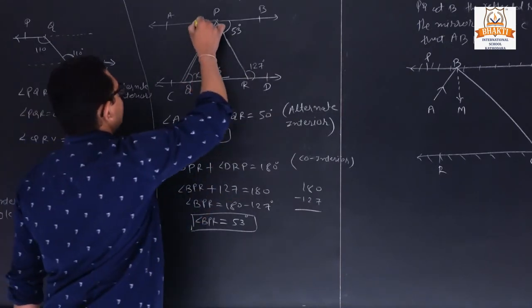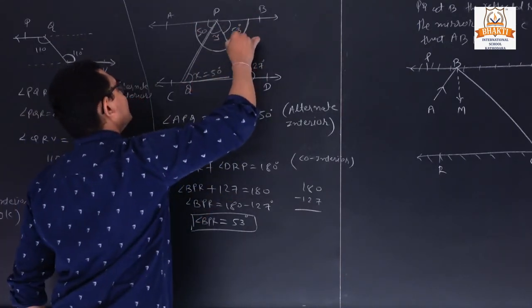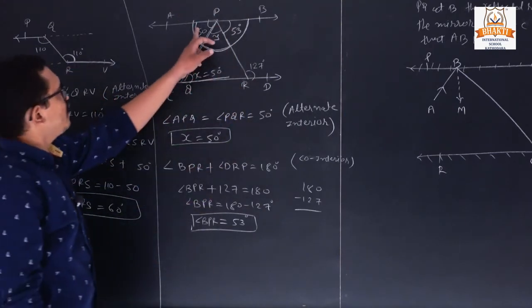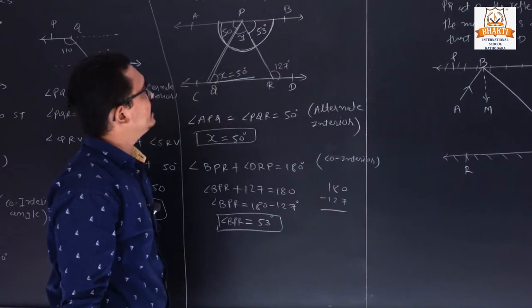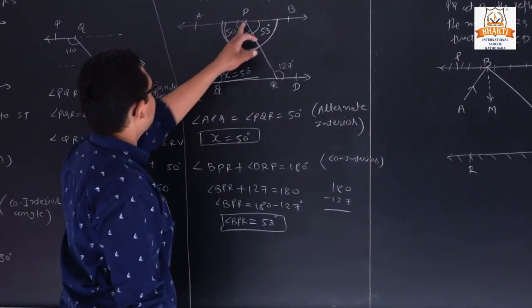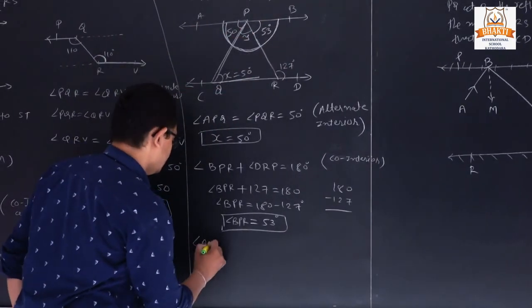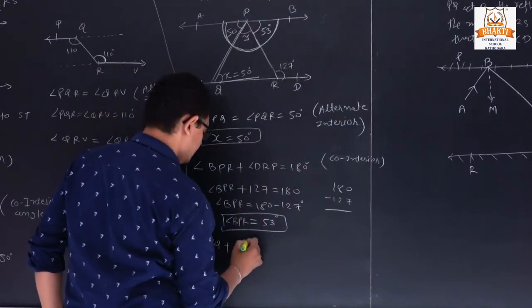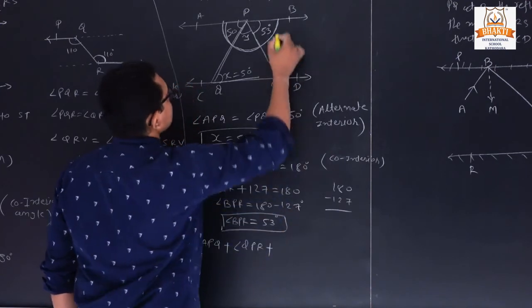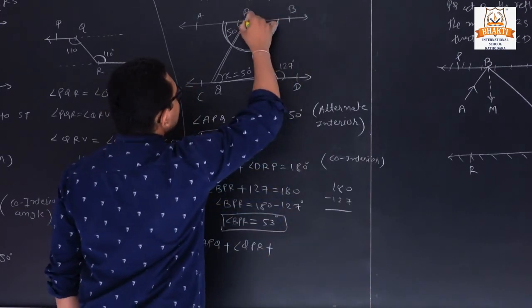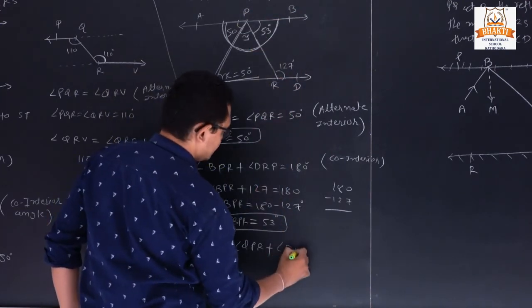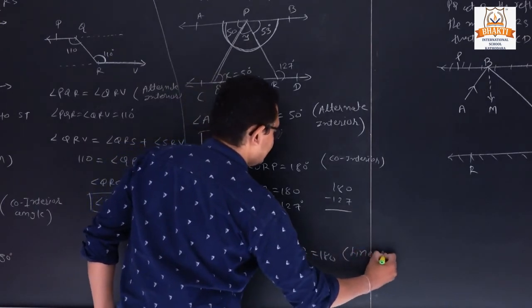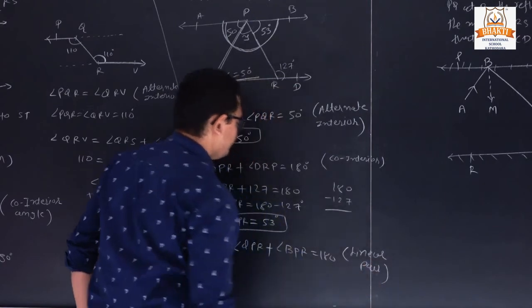Now it is a linear pair. See that, this is a linear pair. So the sum of these three is 180. So angle APQ plus QPR plus BPR is equal to 180. In the bracket we can write linear pair.